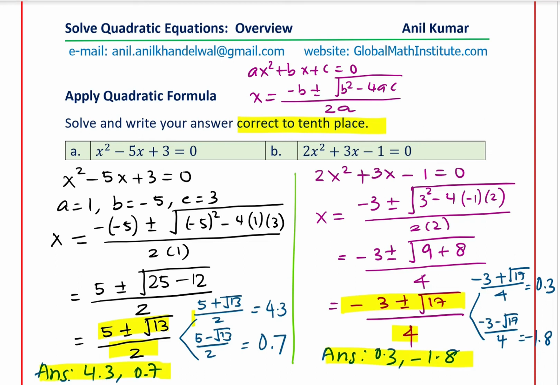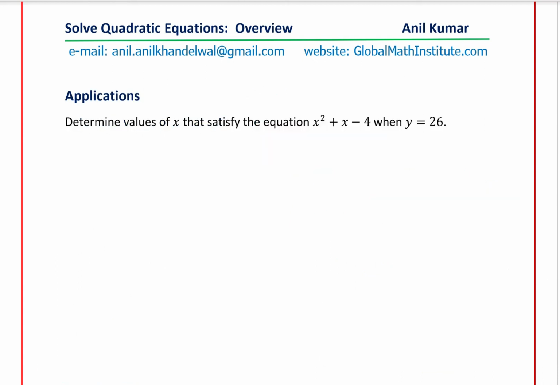Now let us take the next example, which is we'll work with simultaneous equations. It says determine the value of x that satisfies the equation x squared plus x minus 4 when y equals 26. So we are given two equations here.